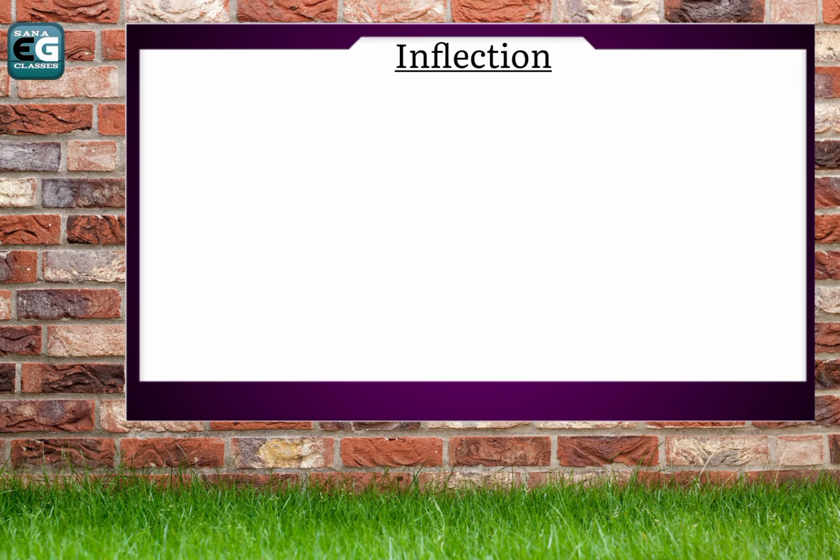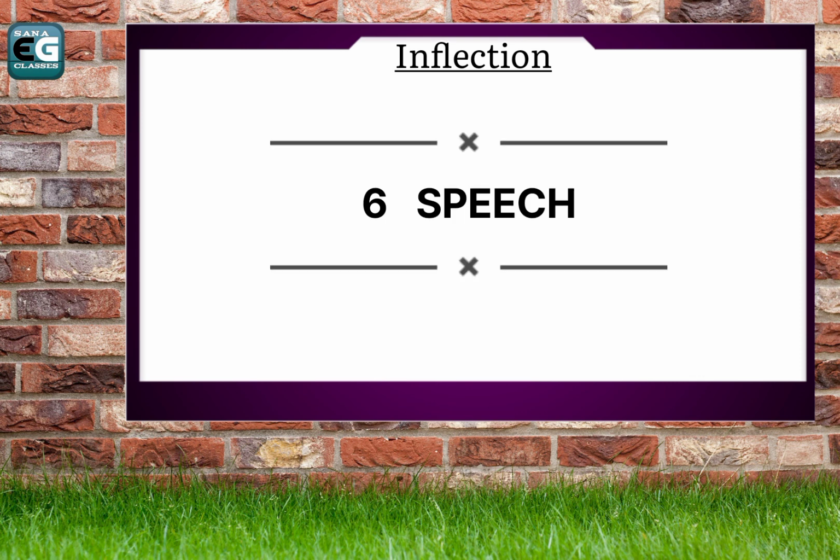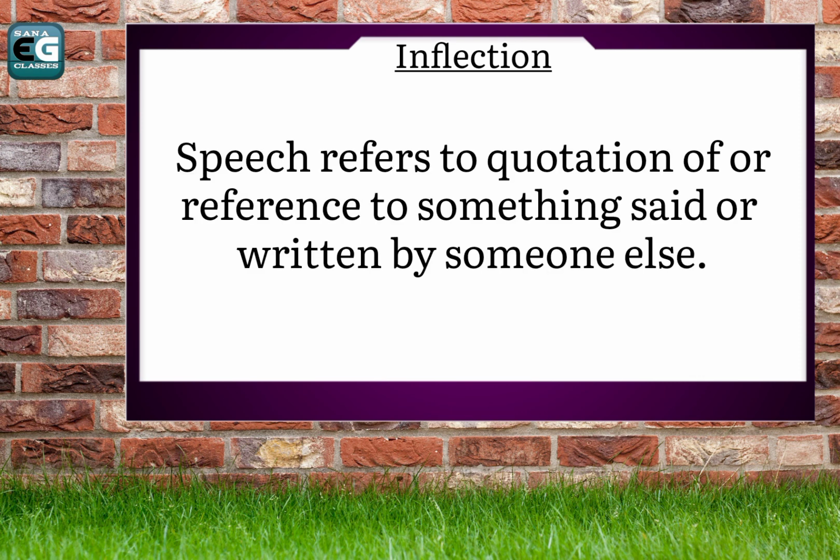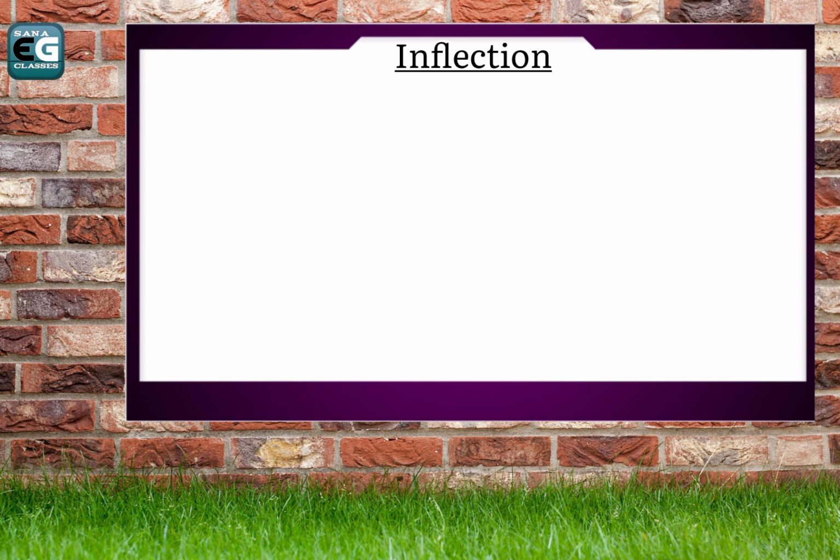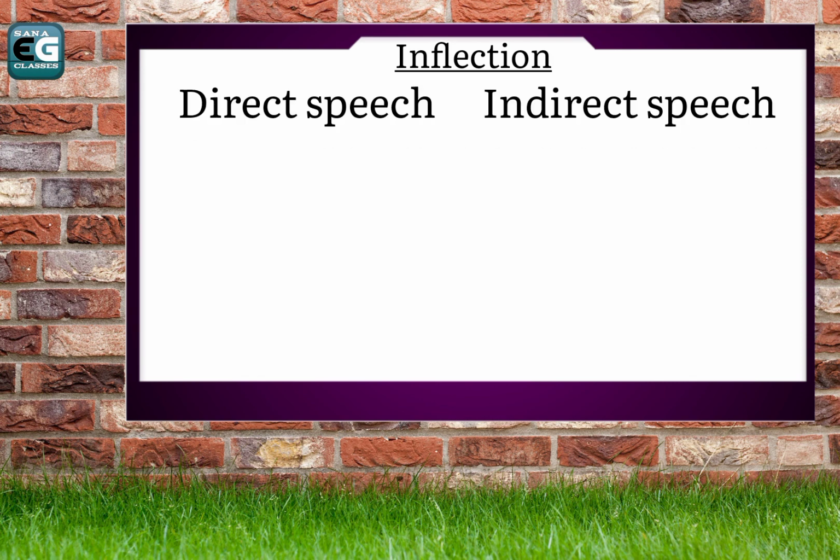Now let's move to the last section of the conjugation or verb inflection. Speech. Speech refers to quotation of or reference to something said or written by someone else. And there we have this direct and indirect speech.